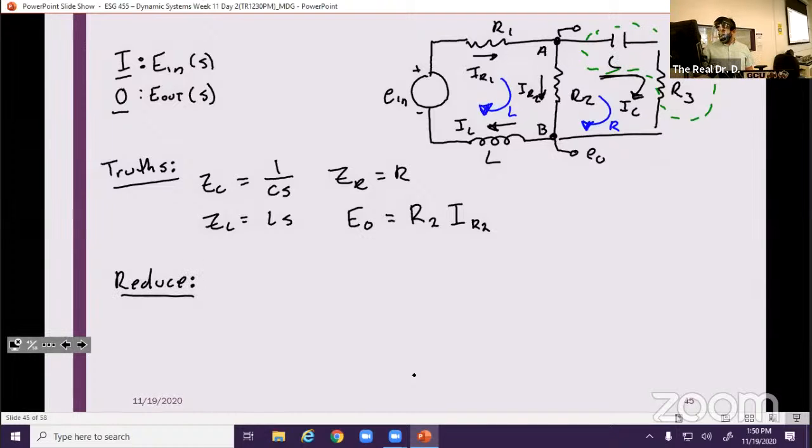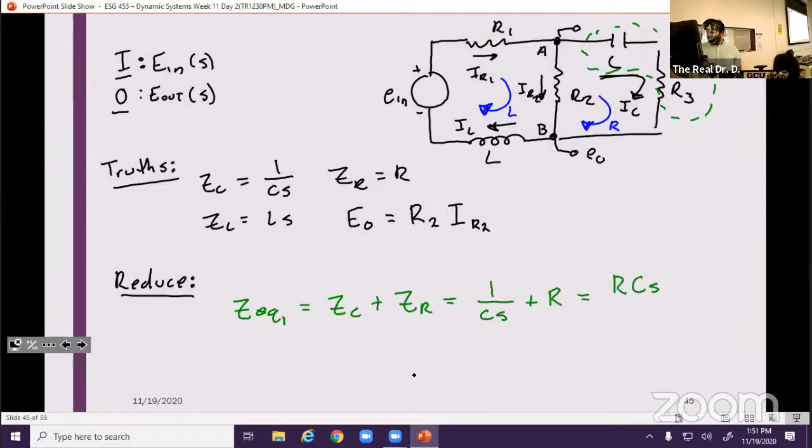So ZEQ1 is equal to ZC plus ZR, which is 1 over CS plus R, which is RCS plus 1 over CS. I guess that's R3, right? We should probably be consistent with our naming here.